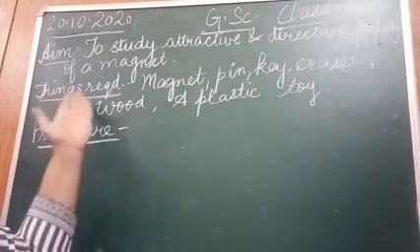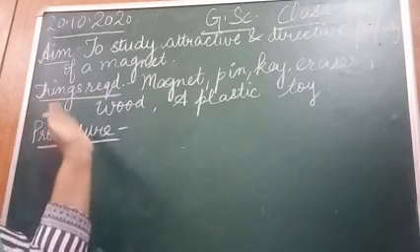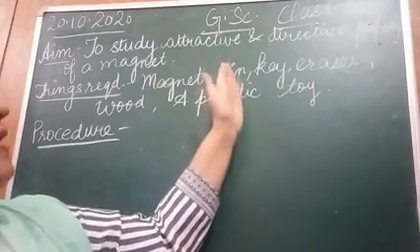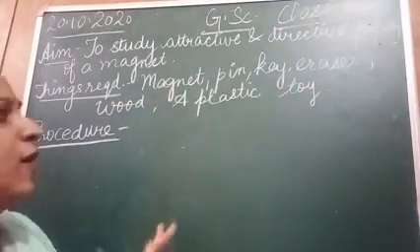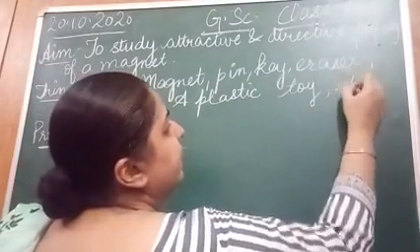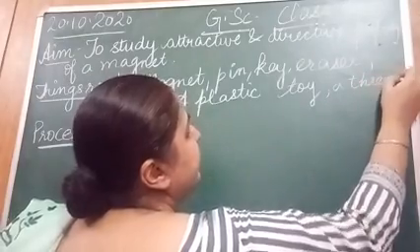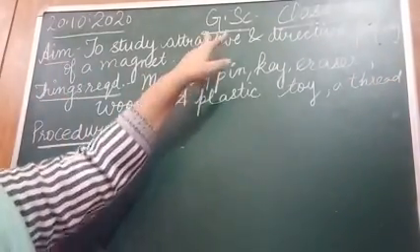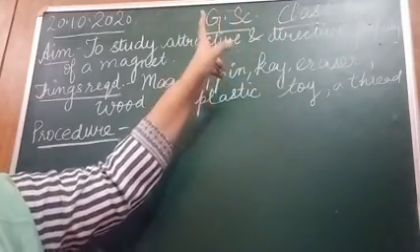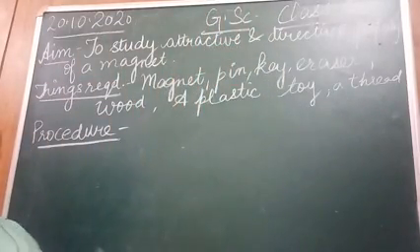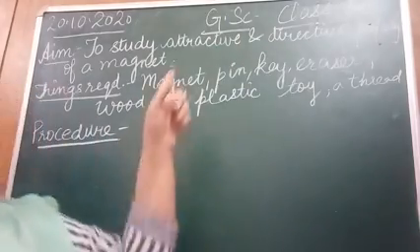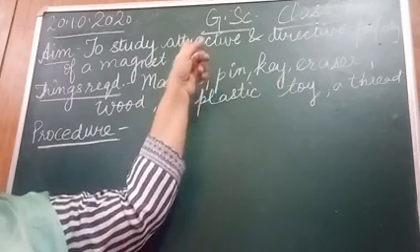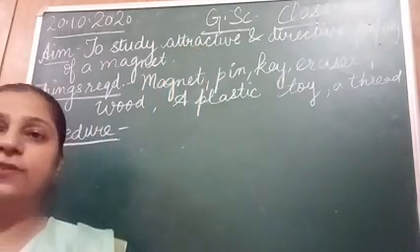For that, few things we require, that is magnet, pin, key, eraser, wood, a plastic toy and a thread, right? So both the properties we will be doing in one experiment. So what will be the procedure? First of all, we have to see attractive property first.